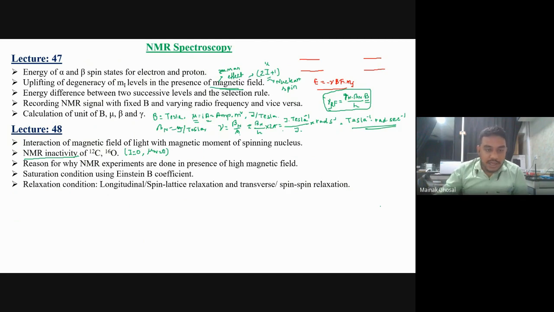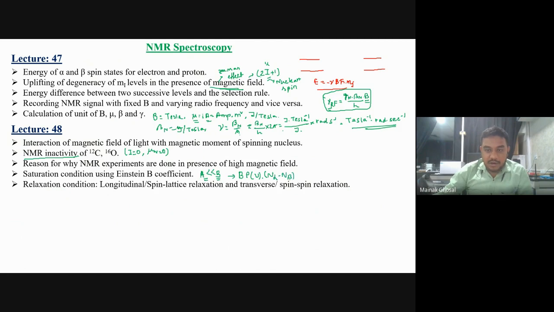Next, there was a condition of saturation. This was explained using the Einstein B coefficient. Why the Einstein B coefficient? Because it was seen that the Einstein A coefficient has a much lower value, almost negligible with respect to B. So the Einstein B coefficient was used, and the net absorption rate from the alpha state to the beta state was discussed in terms of B rho of nu into N alpha minus N beta.